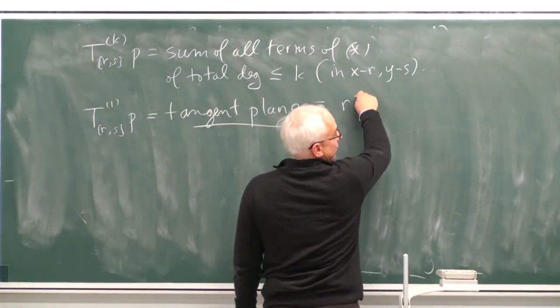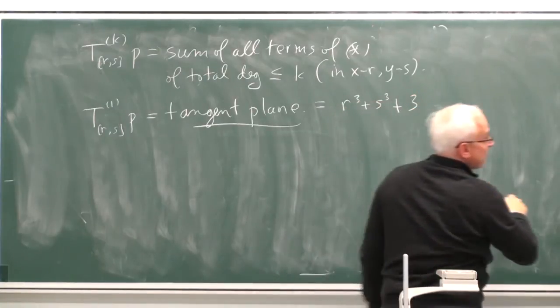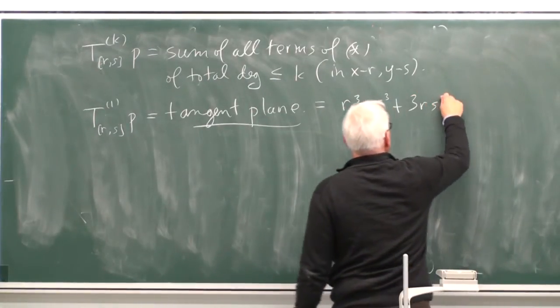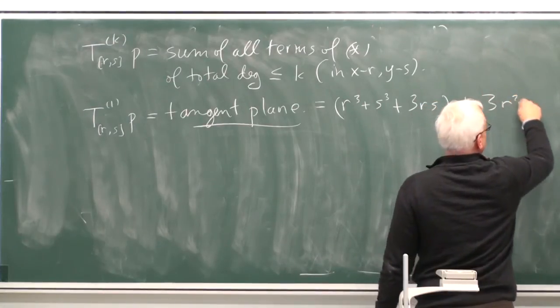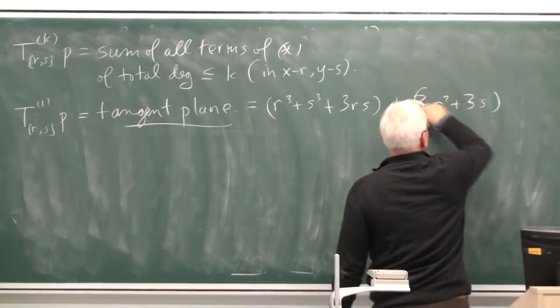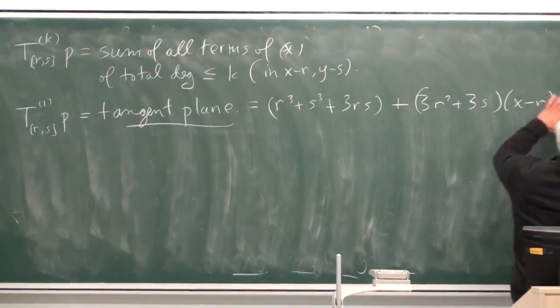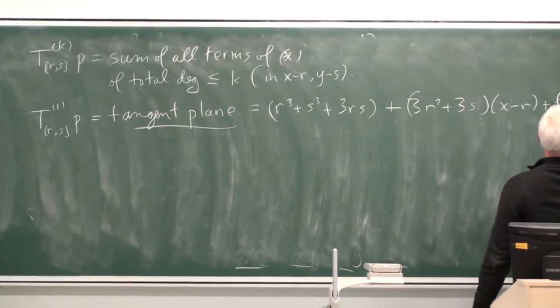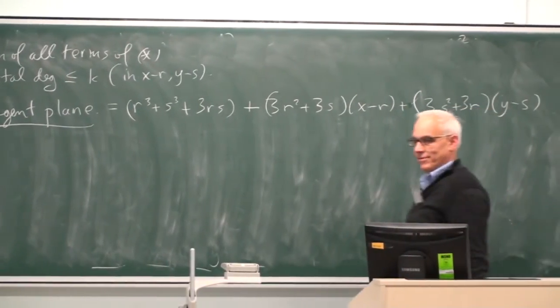So r cubed plus s cubed plus 3rs plus 3r squared plus 3s times x minus r plus 3s squared plus 3r times y minus s.